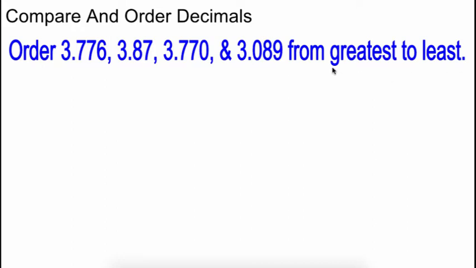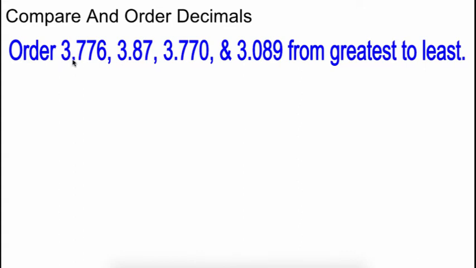So from greatest to least means we're going to start with the largest number and go down. Now, remember from before that whenever we put numbers in order or compare numbers, we always have to start at the largest place value. So out of these four numbers, the largest place value is the one always farthest to the left. So that's the ones place in this case.